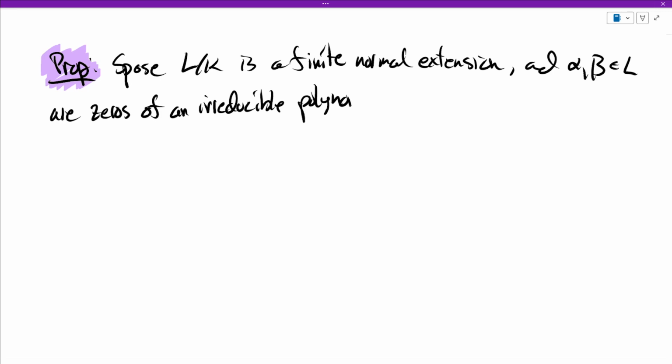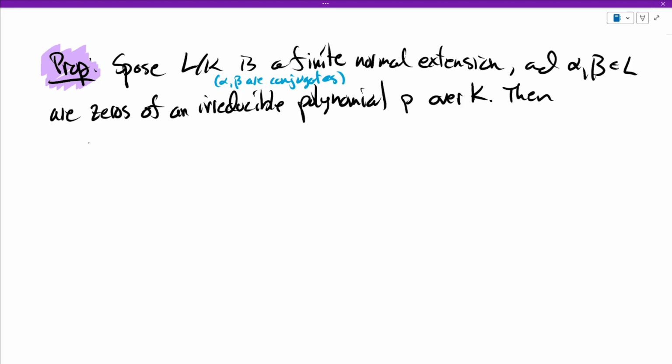Not just a polynomial. It needs to be irreducible. Alpha and beta need to be conjugates. So that's all this is telling us, is that alpha, beta are conjugates. It must be conjugates. So they're the zeros of an irreducible polynomial p over K.